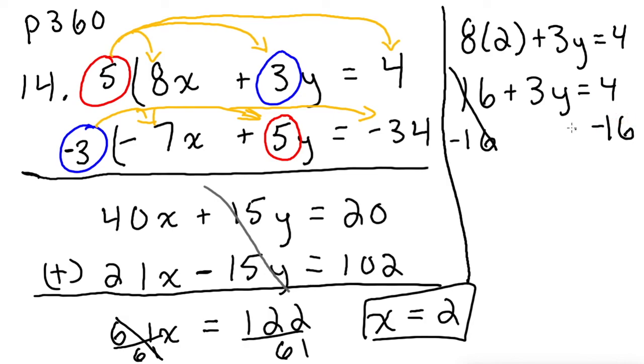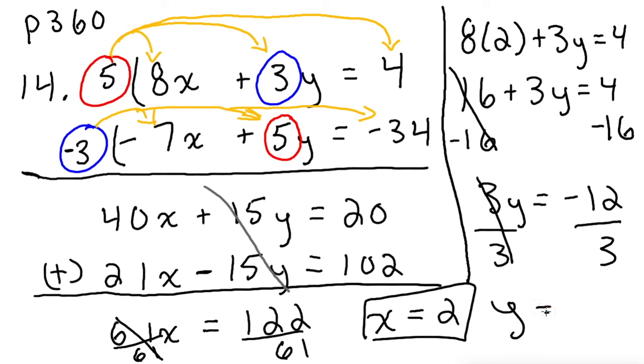I'll do minus 16 on that side, so left over, I just got this 3y, and that's going to equal 4 minus 16, which will be a negative 12. So I'll have negative 12 down here. So I'll divide this side by 3, and that's gone. Now I'll divide this side by 3, and I get y equals 4. So I got x right here and y right here for these equations. And this 4 right here should be a negative because we got negative 12 divided by 3. It's going to be a negative 4.